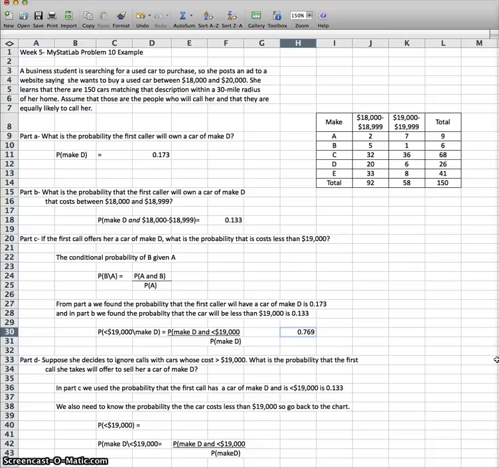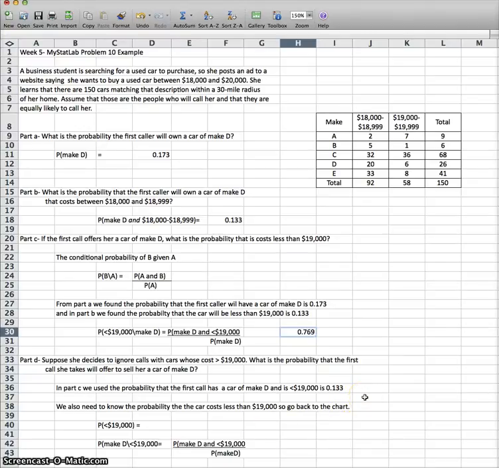Part D says, suppose she decides to ignore calls with cars that cost over 19,000. What is the probability that the first call she takes will offer to sell her a car of make D? Well, in part C, we used the probability that the first call has a car of make D and is less than that number, and that was 0.133.